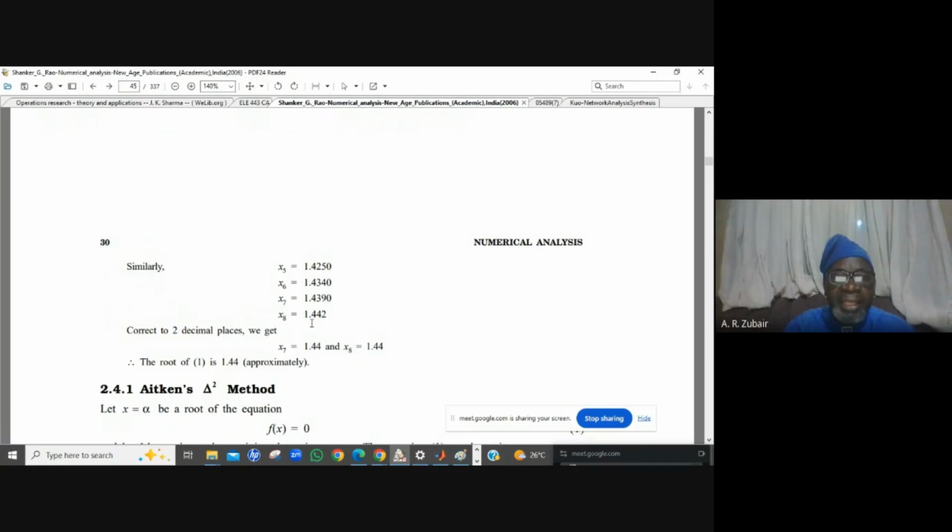This 1.442. So which means if you are looking for correct to two decimal places, we have gotten it. From x5 is 1.43, x6 is 1.43, x7 1.44, x8 1.44, which means we are now on two decimal places.